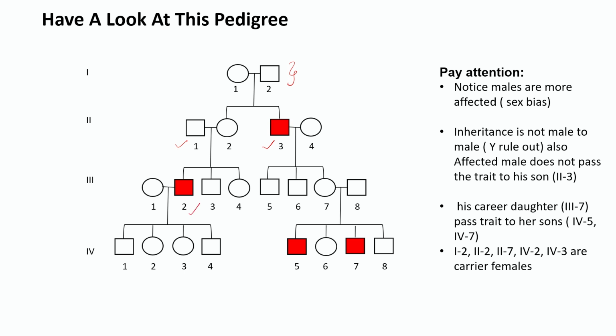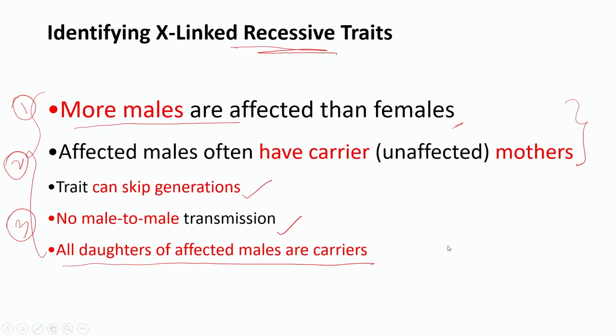Now also pay attention to the male and female ratios in this pedigree. Do you see equal numbers of male and female offspring affected? No. You see that males are more prone to this disease; more males are affected than females.